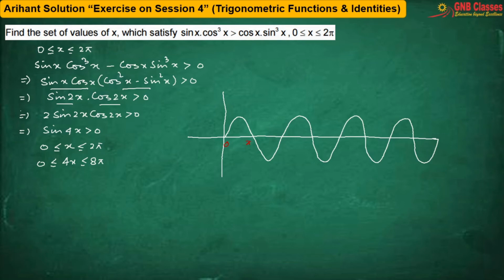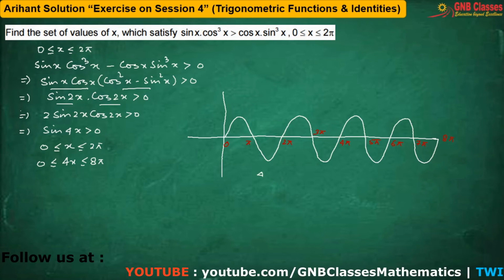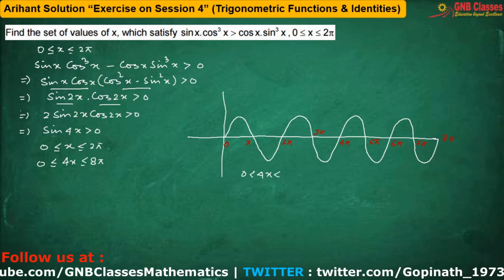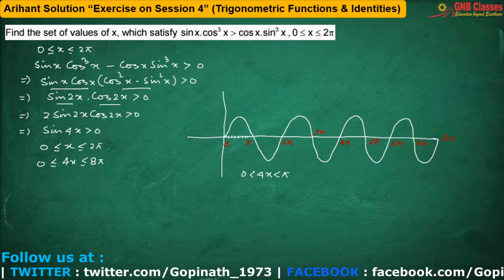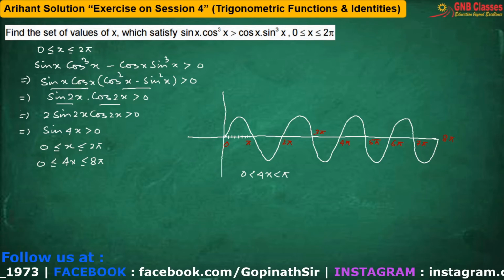This is 0, pi, 2 pi, 3 pi, 4 pi, 5 pi, 6 pi, 7 pi and 8 pi, right? Now, sin 4x is greater than 0. It is greater than 0 when 4x is greater than 0, less than pi, because within this region, all values of sin x will be more than 0.